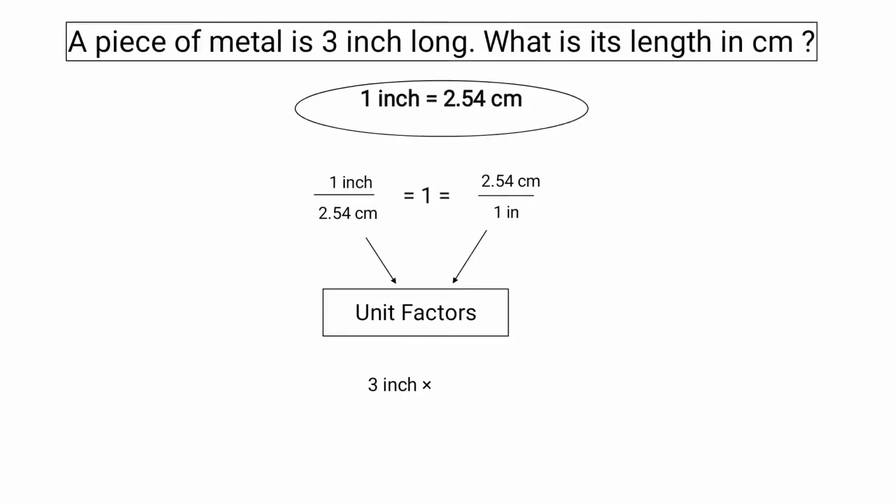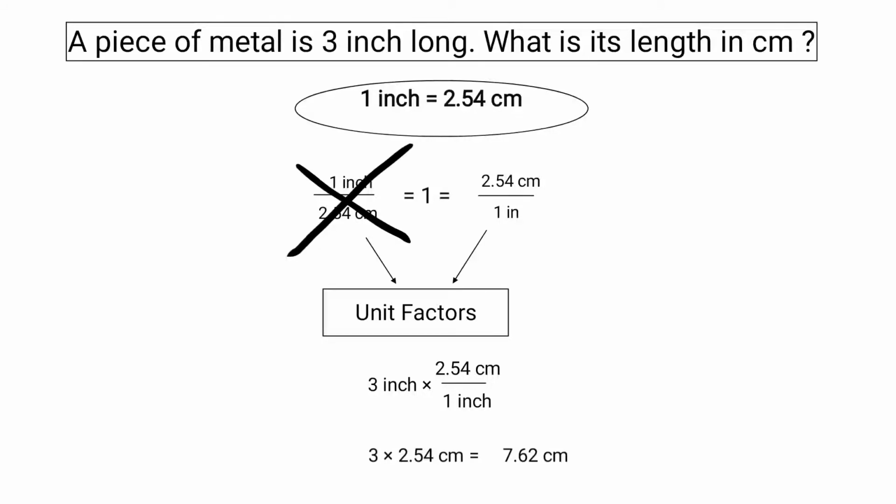So we are multiplying 3 inch by 2.54 centimeter divided by 1 inch. What happens over here? Inch and inch get cancelled. We are left only with centimeter. That is nothing but 3 into 2.54 centimeter, which is equal to 7.62 centimeter. Over here we are not multiplying by the first unit factor, we are multiplying by the second unit factor.